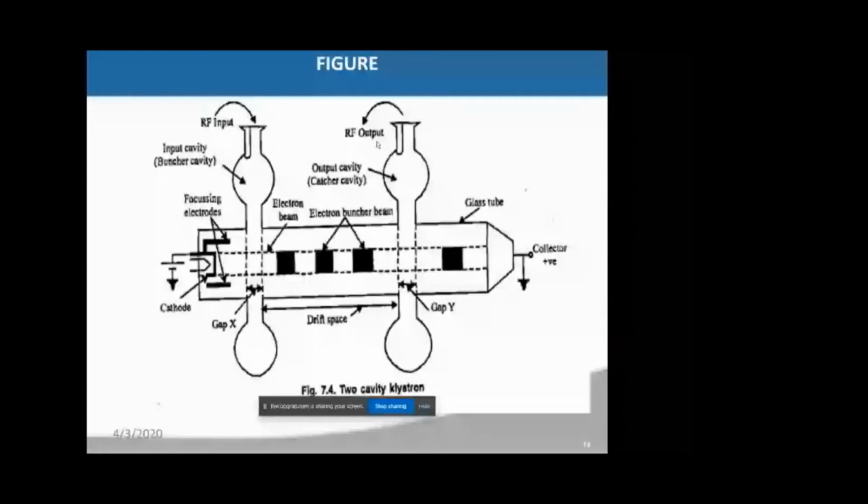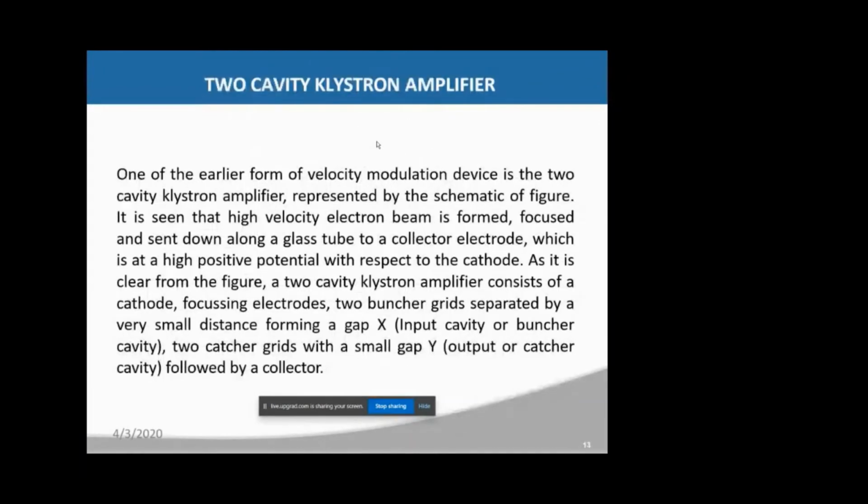Gap Y is the gap that is created in the output cavities, and the space between the input cavity and output cavity is called the drift space. And in this case, the collector is more positive as compared to the cathode. All this assembly has been assembled in a glass tube, and that is basically the construction of the two cavity klystron. If you are referring, we can see that structure given here, the input cavity and output cavity.